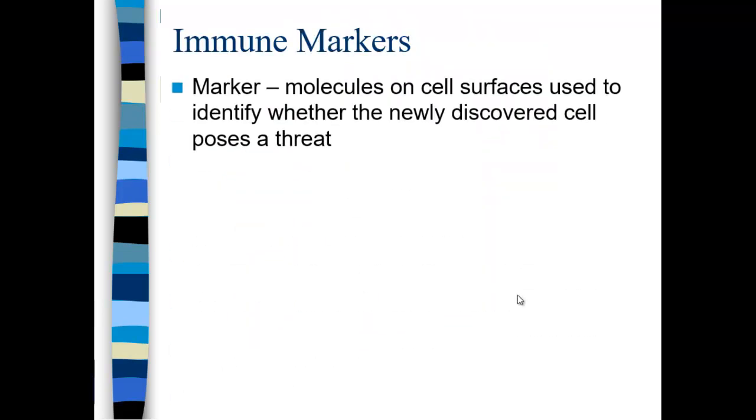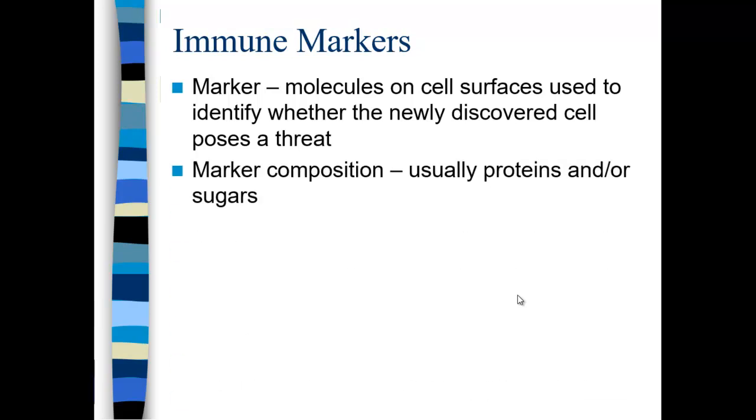Okay, so all cells have markers on them, and these markers are molecules on the cell surface used to identify whether the newly discovered cell poses a threat. Okay, and markers are usually made of proteins and or sugars. They can be glycoproteins, regular proteins, or they can just be sugars by themselves.